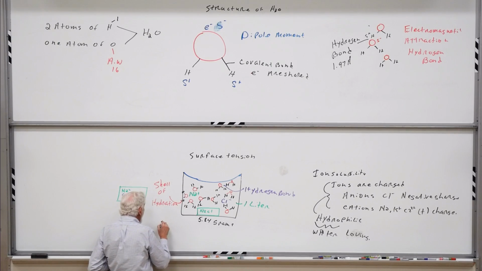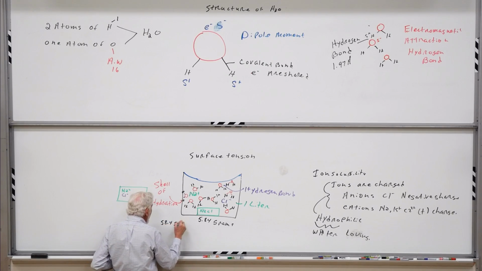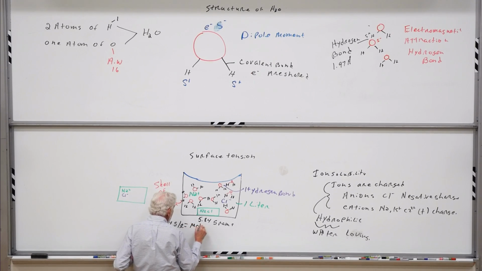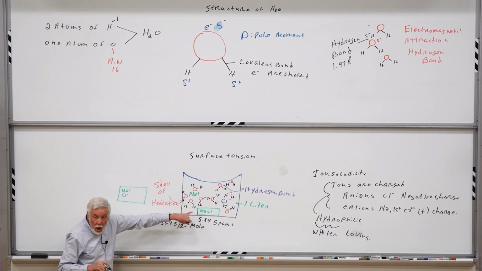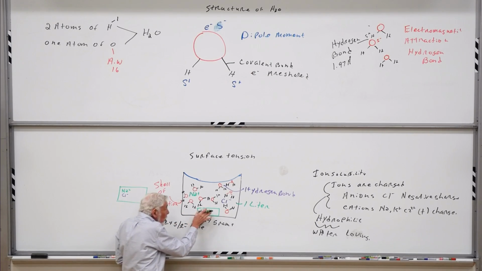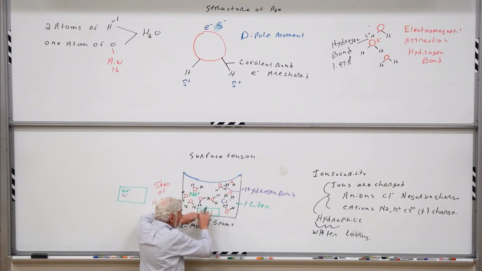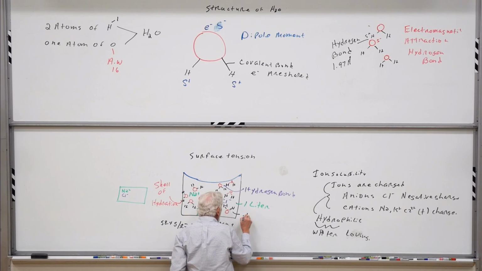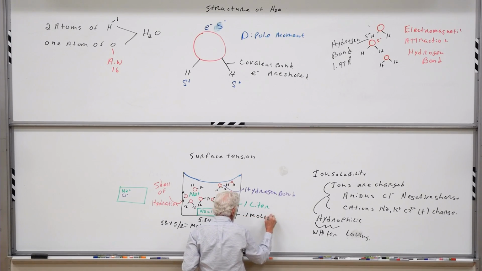It turns out that there are 58.4 grams per mole. So there's 1/10 of a mole of sodium chloride in here. So that when this sodium and chloride goes into solution, all the sodium ions in the crystal have gone into solution, all the chloride ions have gone into solution, we have a 0.1 molar sodium chloride solution.